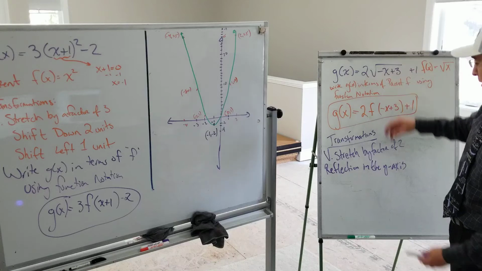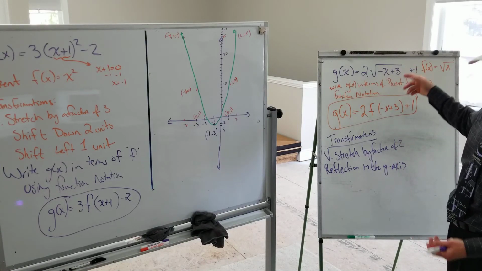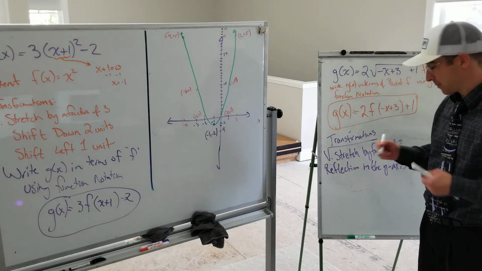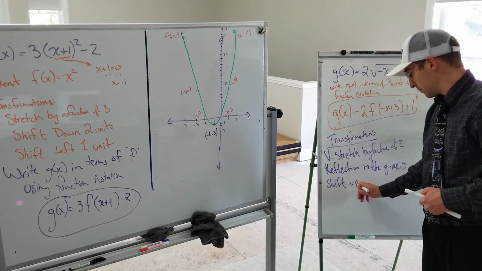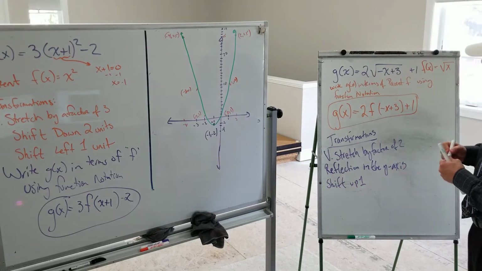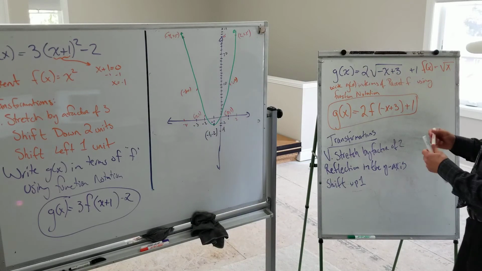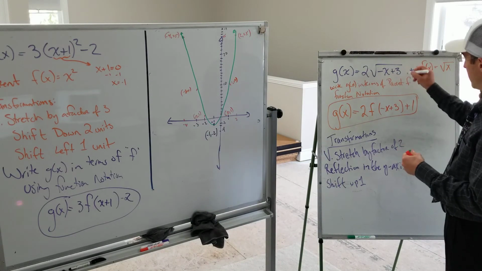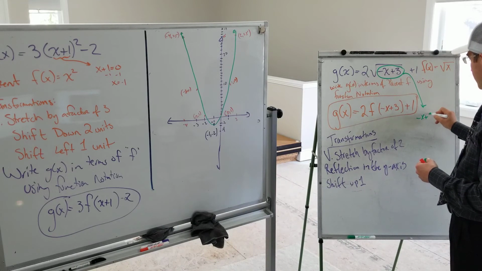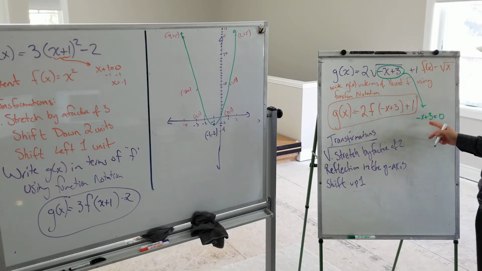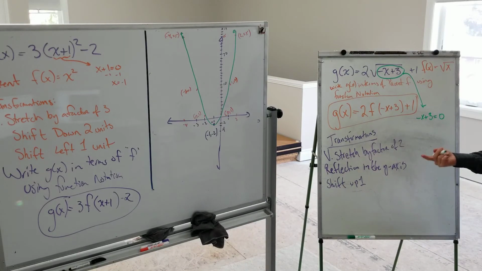All right, now let's talk about these shifts. This plus 1, easy, just up 1, hopefully. So we shift up 1. Let's talk about this though. Right here, we have this in the argument, we have negative x plus 3. In order to find out what the shift is, we want to find the starting point.